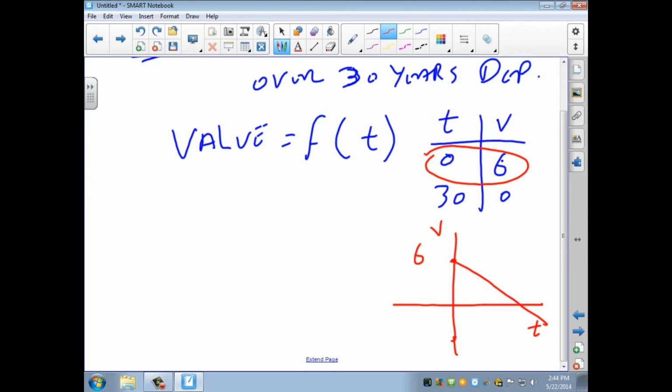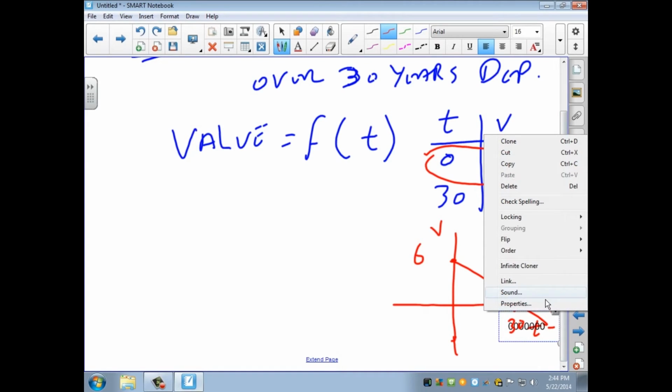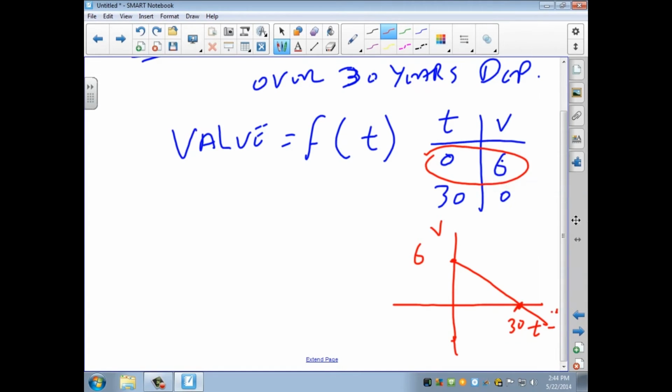And when it is 30 years, whoops. How do I get rid of this? Delete. So in 30 years, the value will go back to 0.